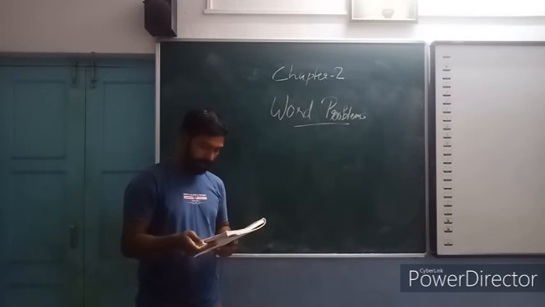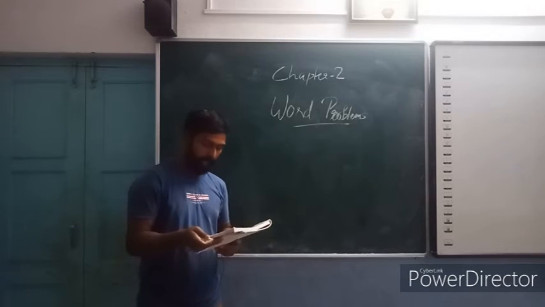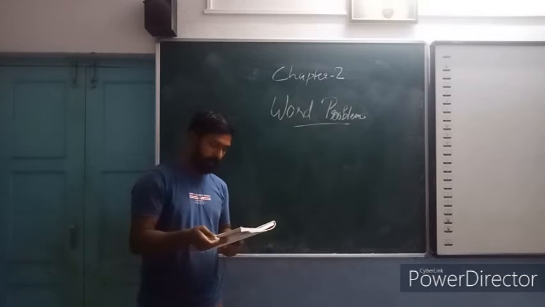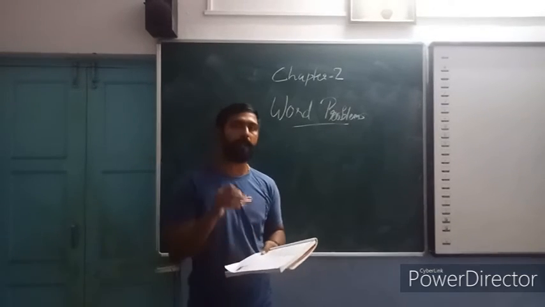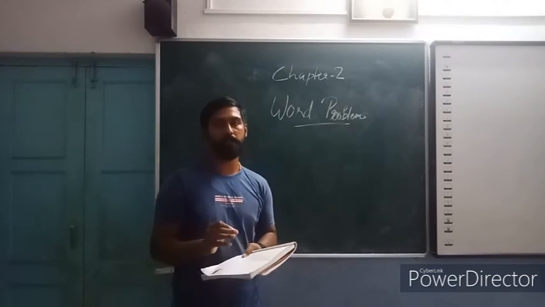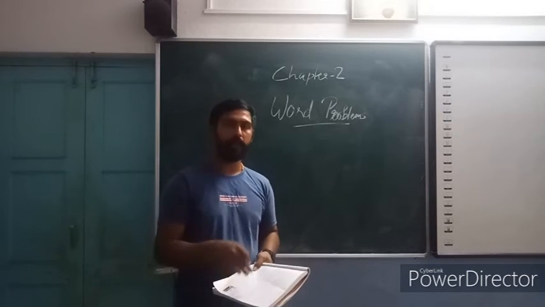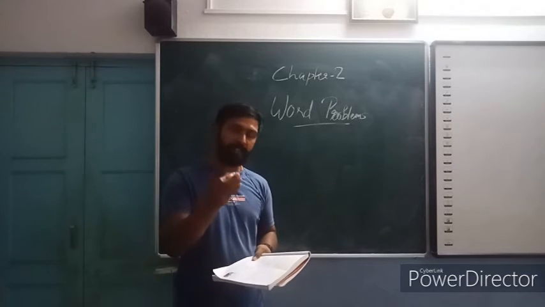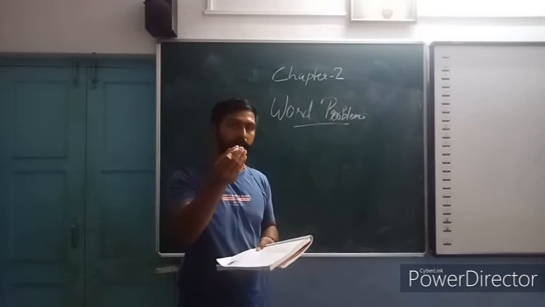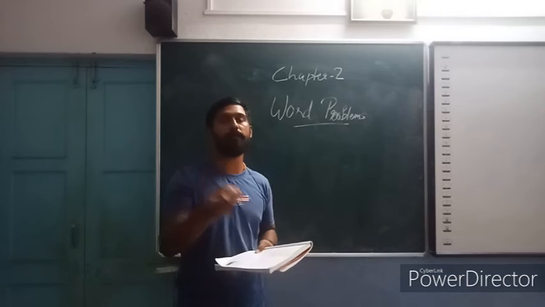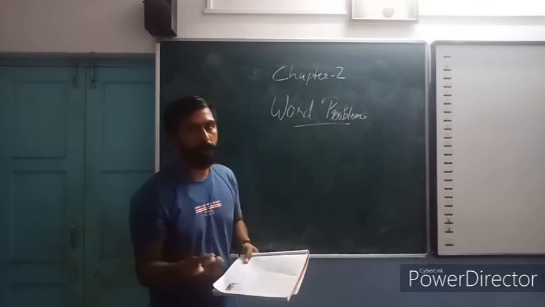And the total number of flowers in garden B is 3,62,000 less than in garden A. So carefully read it. In garden A, there are 6 lakh flowers. And in garden B, there are 3,62,000 flowers less than in garden A. So we don't have the number of flowers in garden B. So how do we find it?